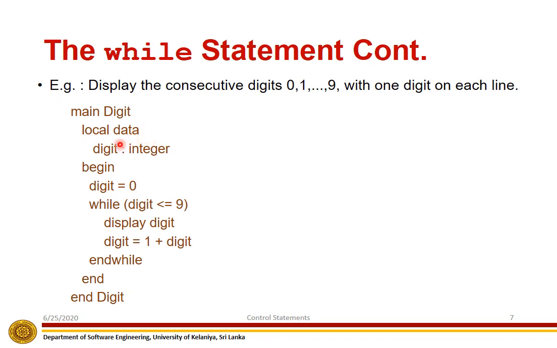Then for the local data, I have given a variable digit of integer type. Then begin, first initialize digit equal to 0. Then a while statement: while digit is less than or equal to 9, display the digit, and with the increment operator, digit equals 1 plus digit, then end while, and finally end the algorithm.